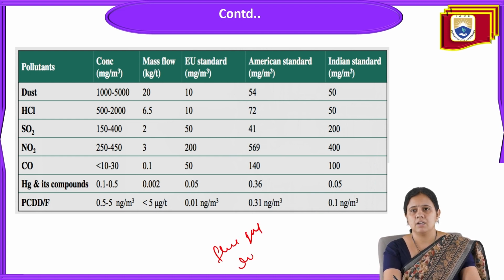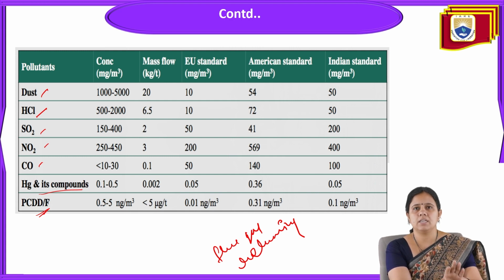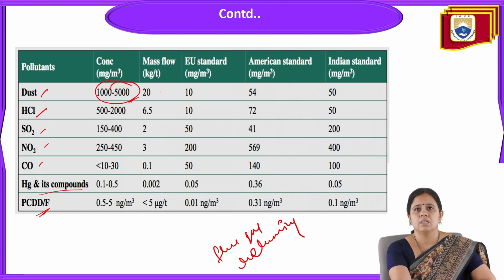The concentrations are given for dust, HCl, SO2, NO2, carbon monoxide, mercury and its compounds, and PCDD and F. For dust particles, the concentration and mass flow are listed, along with the EU standard, American standard, and Indian standard.